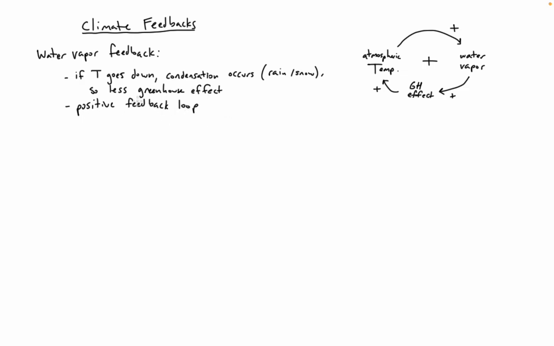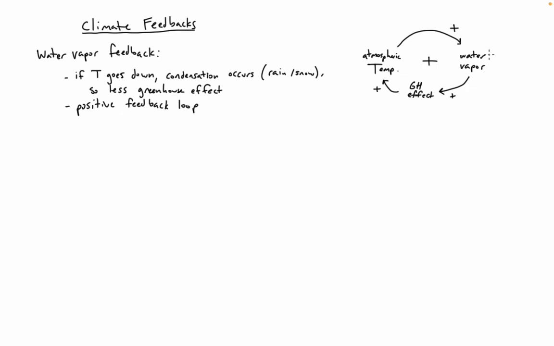And like all positive feedback loops, we can think through it in terms of things going up or things going down. But in any case, it's a runaway effect, right? And you could start anywhere in here, right?